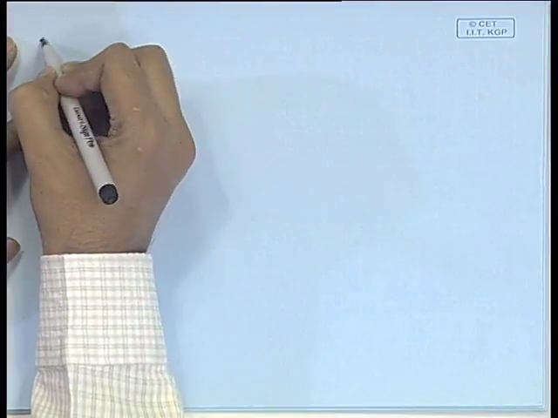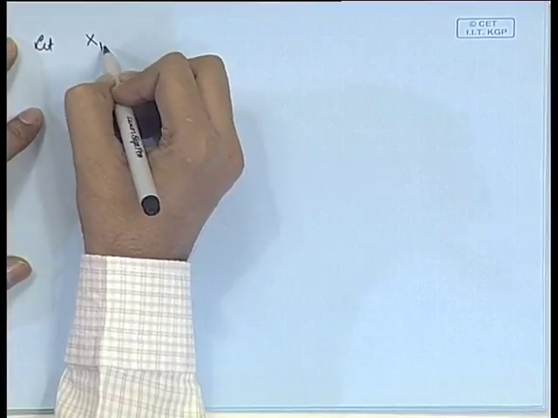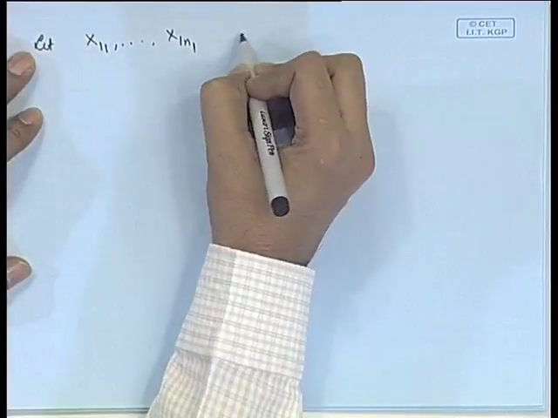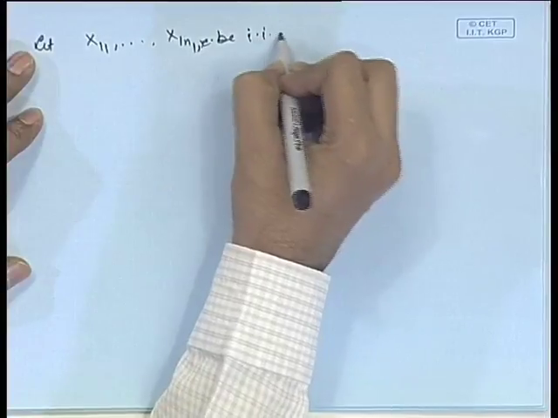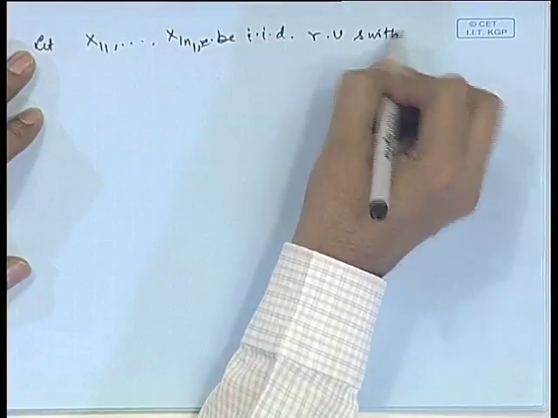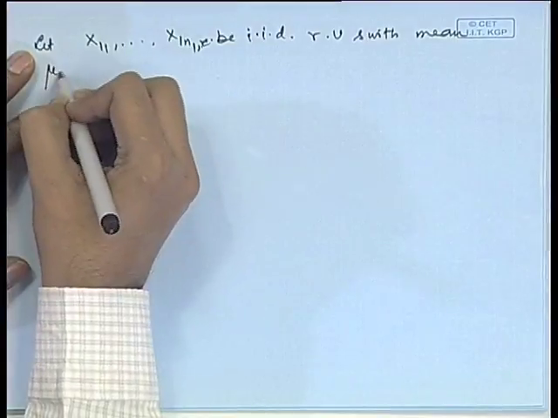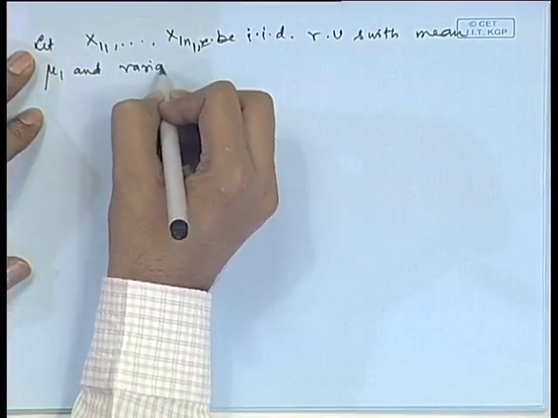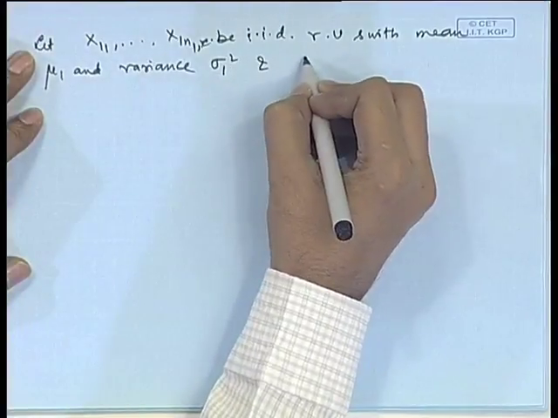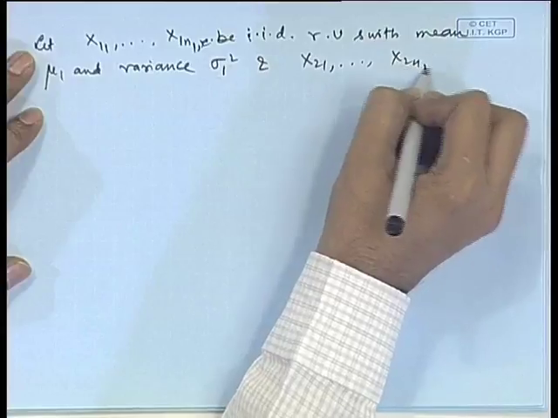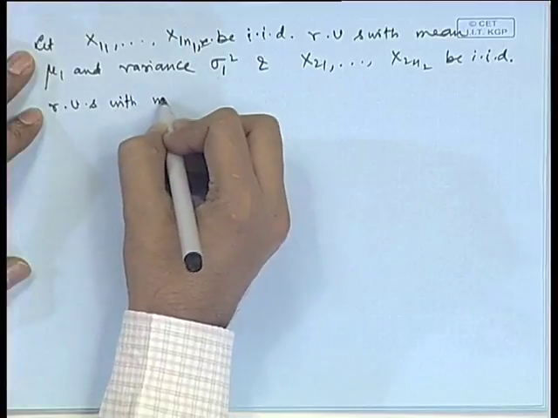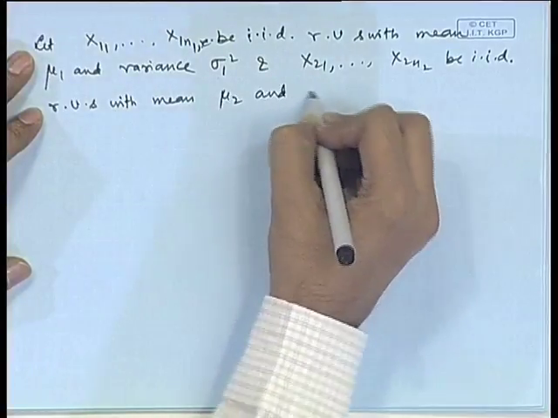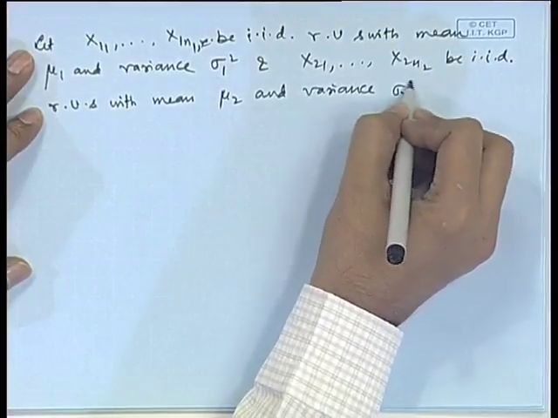Let me give a generalization of this one. Let say x 1 1, x 1 2, up to x 1 n 1 be IID random variables with say mean mu 1 and variance sigma 1 square, and say x 2 1, x 2 2, up to x 2 n 2 be IID random variables with mean mu 2 and variance sigma 2 square.